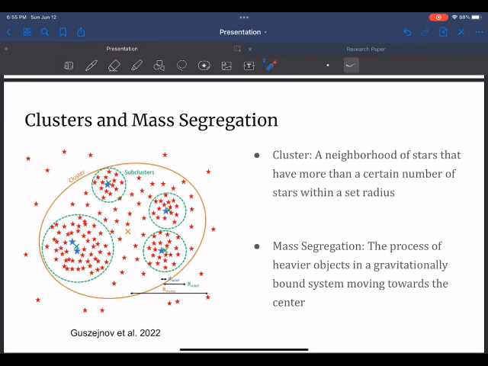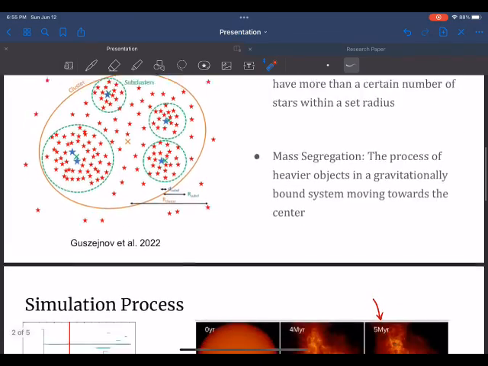Now, for mass segregation, strictly speaking, it is the process of heavier objects moving towards the center. That is the strict definition. For this project, mass segregation is defined as anything regarding heavier and lighter particles moving in different ways.